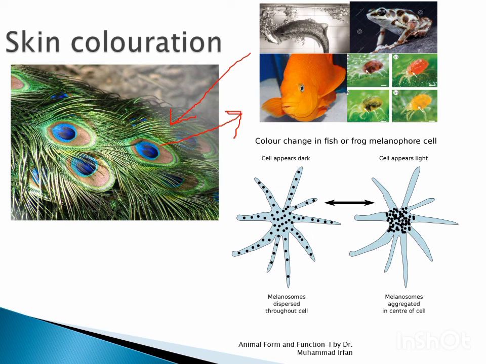These structural colors could be present in beetles, in butterflies, some fishes, and birds. The more common form of colors in animals is pigmentous color.